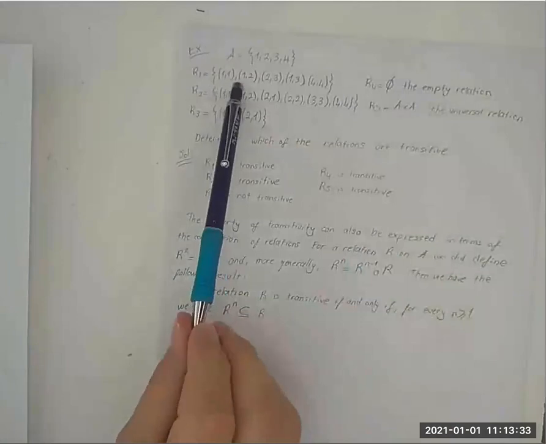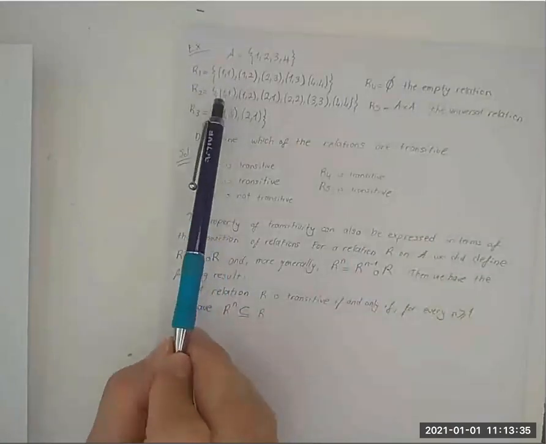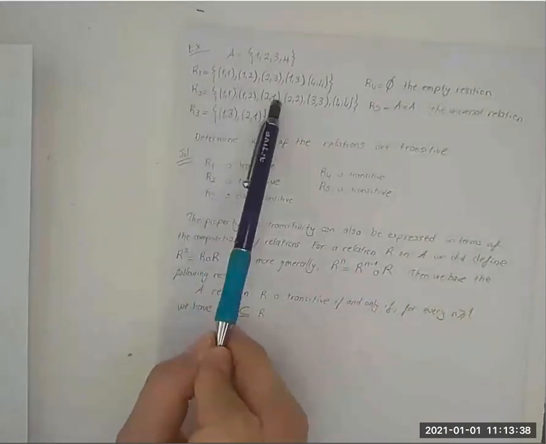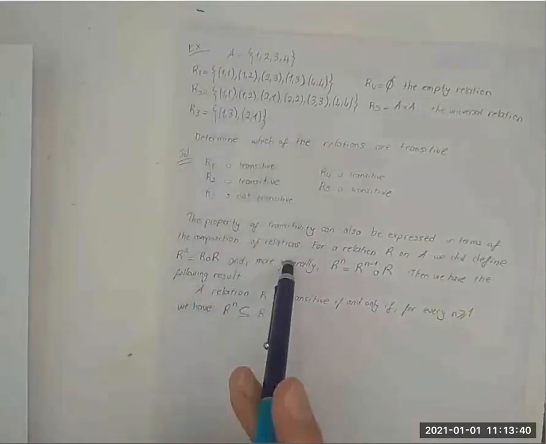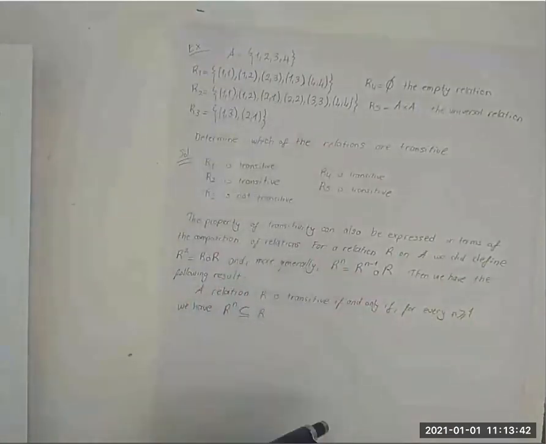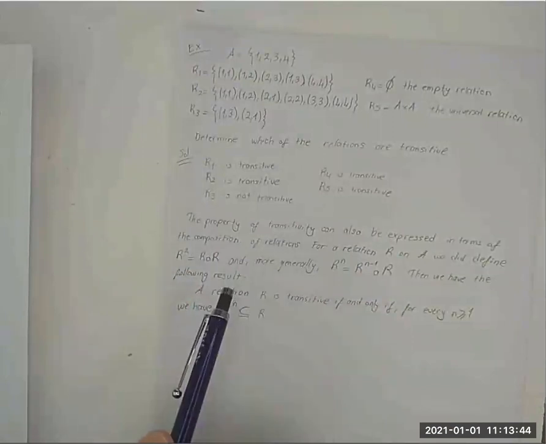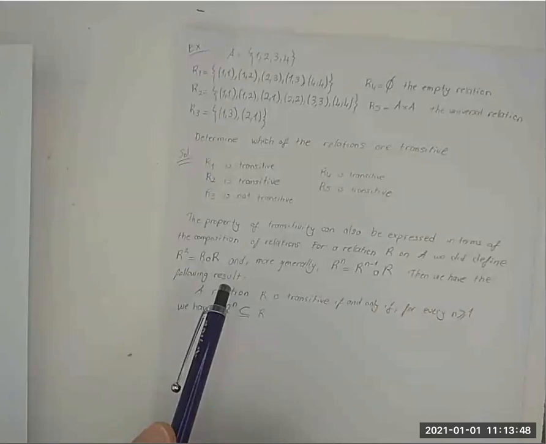R4, because there is no element for, though I have checked (1,2), (2,1), and (1,1), something like that.